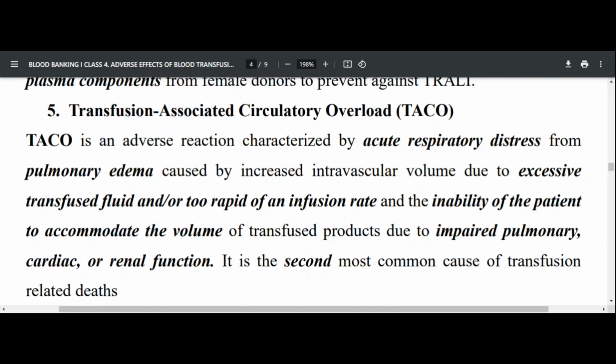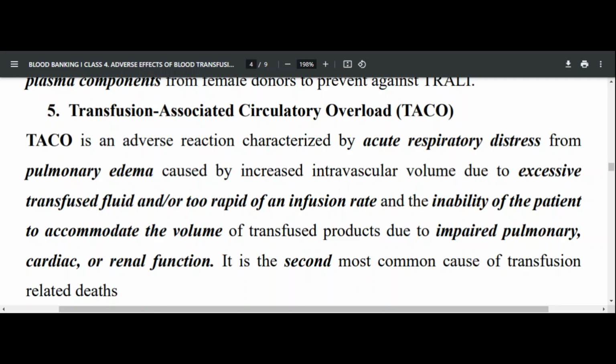For example, if someone doesn't have time to wait, they increase the volume of blood, and of course that means a rapid transfusion or infusion rate, which is going to lead to circulatory overload.